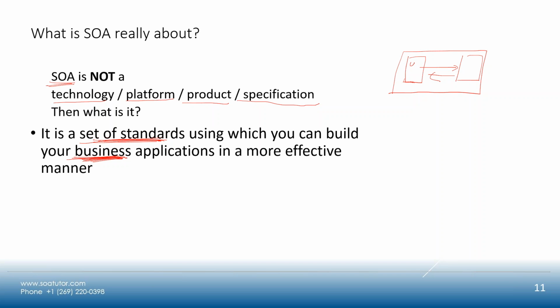So I would say it is just a set of standards. If it is just a standard, how do we realize it? Since you are really aware of all the design patterns, I'm just giving you that example.